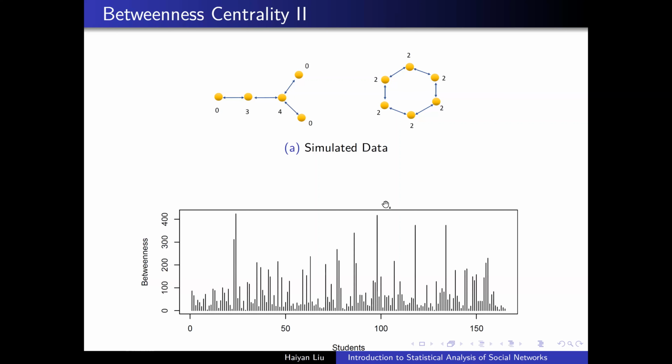For instance, this student or this student has the largest betweenness centrality. It means that those students are important in terms of helping other people build connections. Some students have betweenness centrality close to 0 or even 0. It means that the student is rarely involved in the shortest path of the other two students and won't help build a friendship.